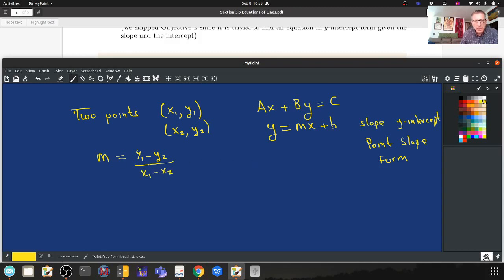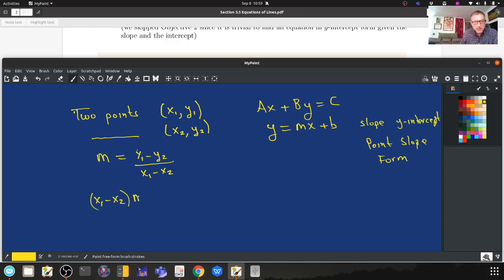So if I use the slope m, what I'm going to do is the following. I'm going to go ahead and clear the denominators. I'm actually going to derive an equation for this particular line using this fact right here. So I'm going to clear the denominators by multiplying both sides by x1 minus x2.